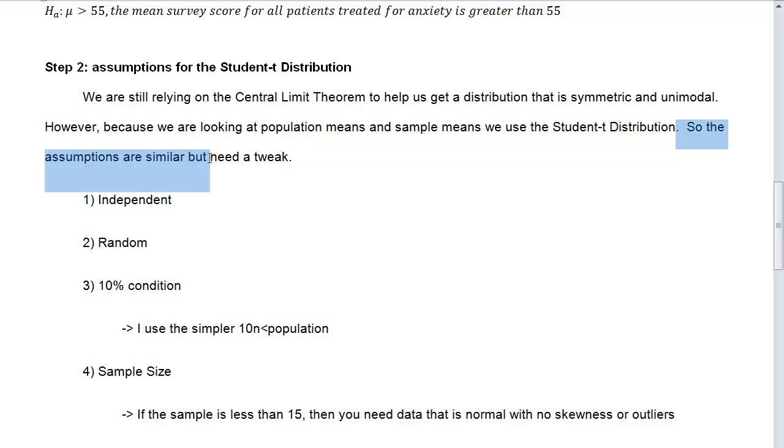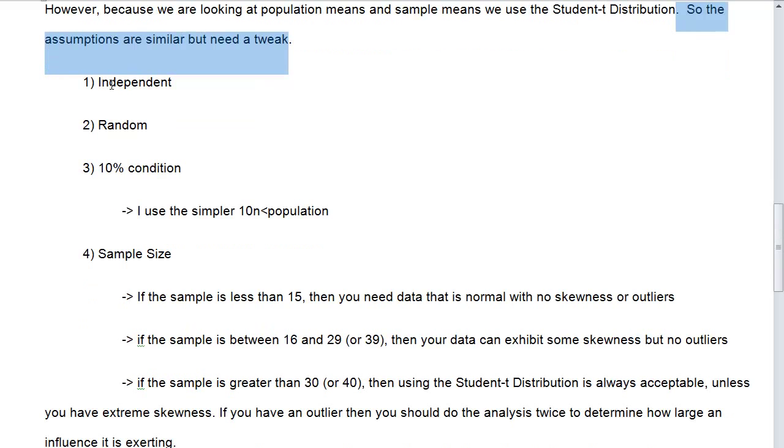So the assumptions are very similar, but they need a slight tweak. Okay, and so independent. Is one patient's anxiety going to affect another patient's anxiety? Probably not. Is it random? It's probably closer to a convenient sample, right? Because it was the next 8. You could say it's a systematic, next 8 patients or something like that.